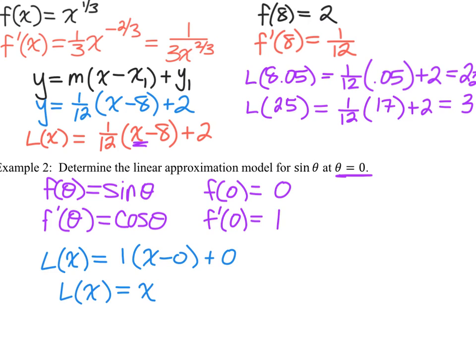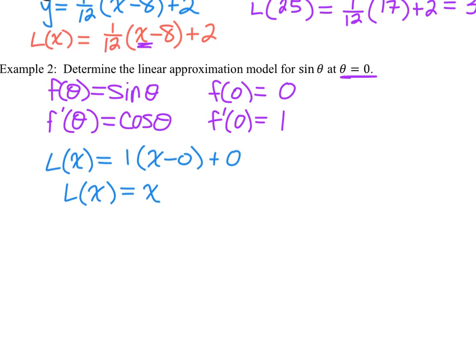What that's telling us is that for a sine wave, for values close to 0, we can approximate using the line y equals x, a linear function. Again, for a trig function, we can approximate it using a linear function. What would you rather work with, a trig function or a linear function? Linear functions are easier to work with, so anytime you can get away with that as an approximation, that's the way to go. Just visually, I don't have to break this out on the calculator.